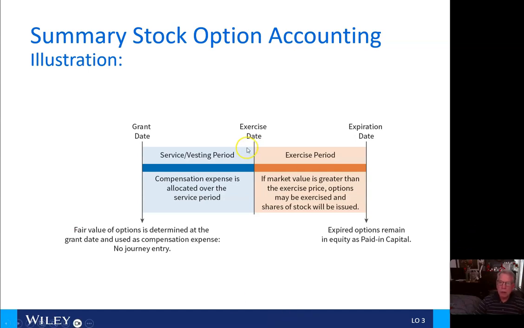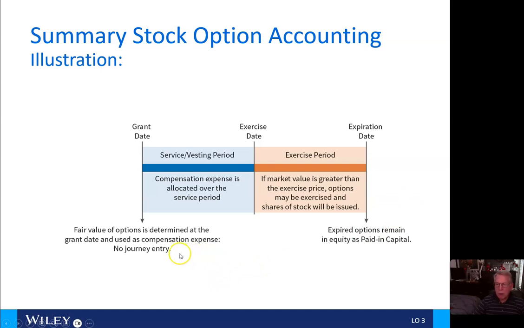Okay, so if we look at a summary of option accounting, here we have the grant date, the exercise date, and the expiration date. So this service or vesting period is where we're going to record the compensation expense, and we're going to allocate that over that vesting or service period. And then in the exercise period, if the market value is greater than the exercise price, the options will be exercised and the shares of stock will be issued.